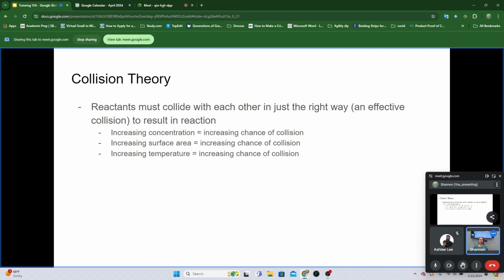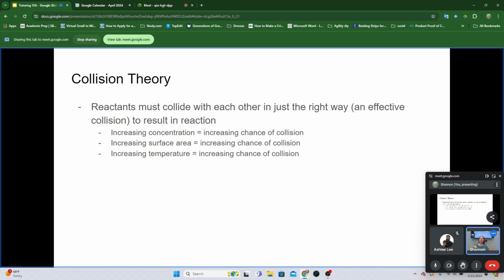Is it the molecules bouncing around everywhere? Yes, they're moving faster, and so that increases the chance of an effective collision. There's more chances over the same amount of time that they'll hit each other correctly. And so that's collision theory. You should know that each of these things increases the chances of collision.